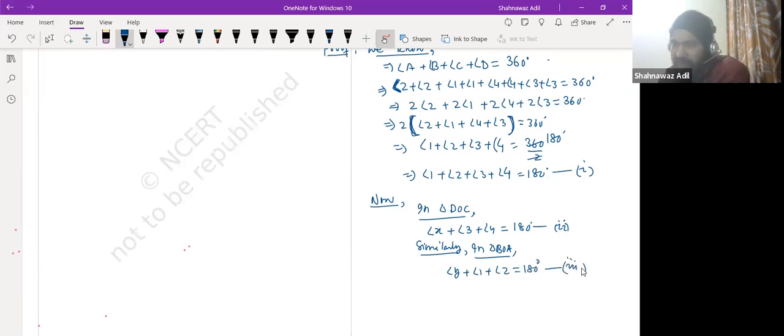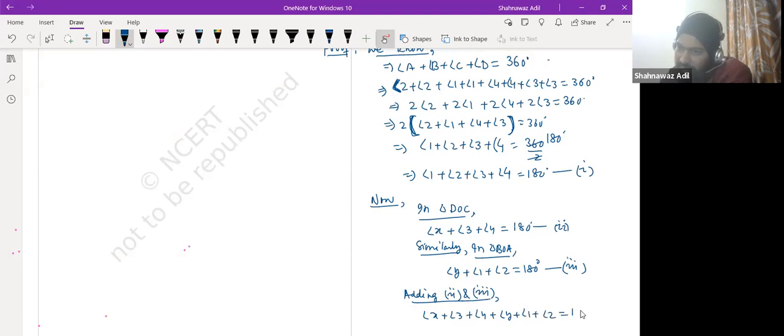And we have to find the sum of x and y. So let us add these. So adding second and third, what would be that? That would be x plus 3 plus 4 plus y plus 1 plus 2.